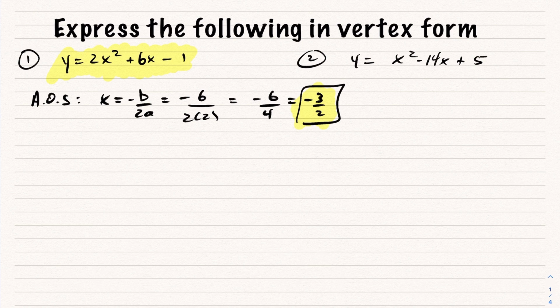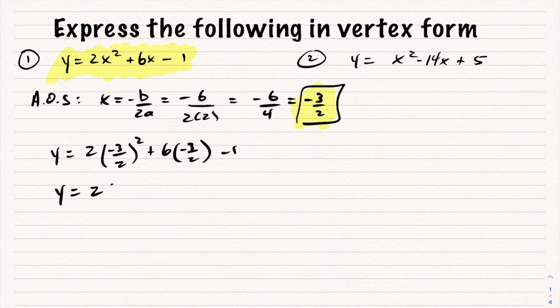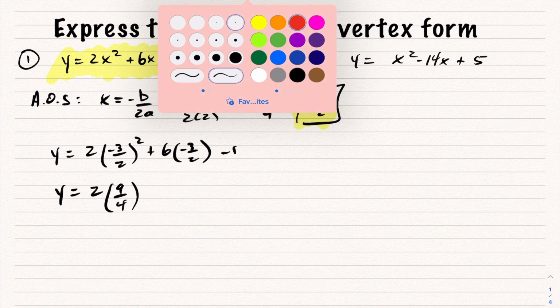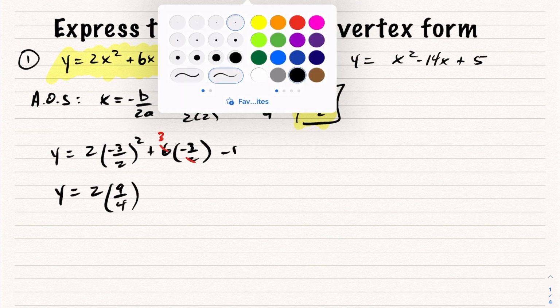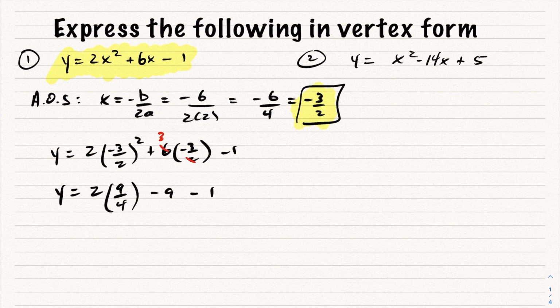What's my corresponding y value? To find it, just sub it back into your original quadratic and solve for y. So in this case, you have 2. When you square a fraction, you square the top, square the bottom. This will reduce to become a 3. That'll become negative 9 minus 1.